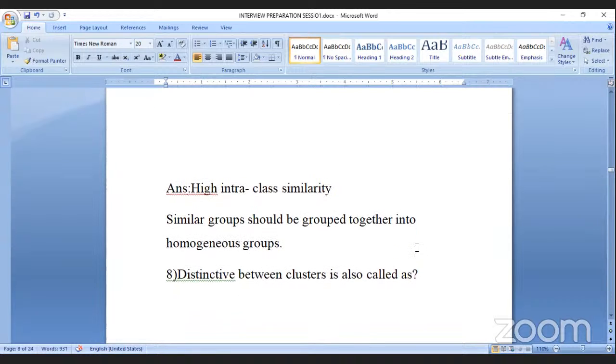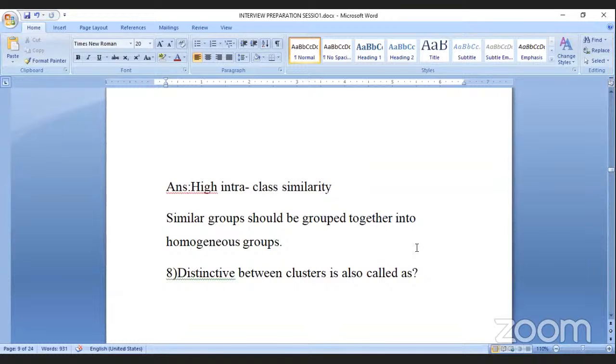So let's go to the eighth question. Distinctiveness between clusters is also what is? Can I get some answers for the eighth question? Distinctiveness between clusters is also what is?